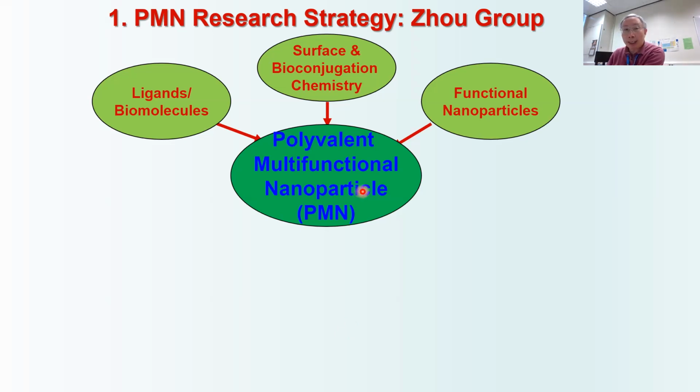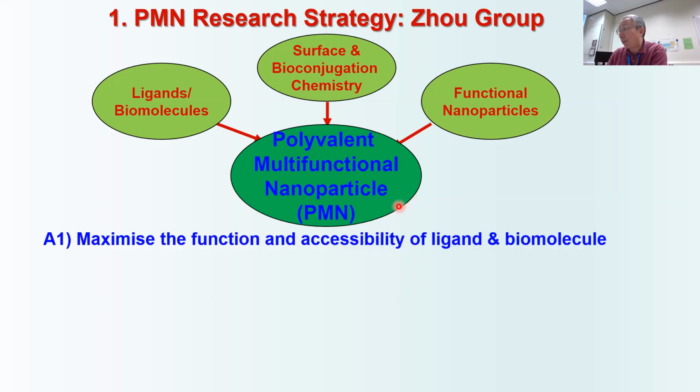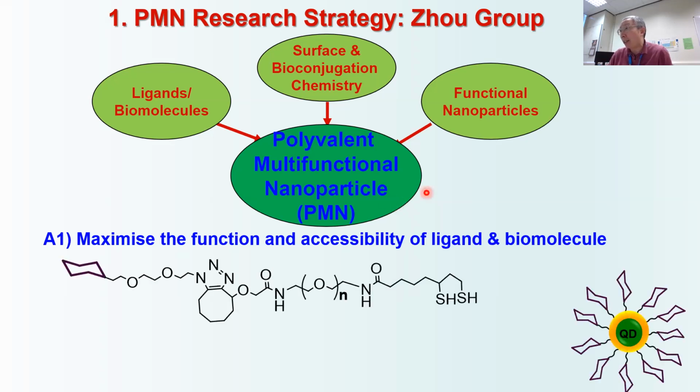In this case, we can make the nanoparticle have polyvalency and also multifunctionality. Here I give you examples of how we may maximize the function and accessibility of these biomolecules and ligands. Here is one of our ligand examples.